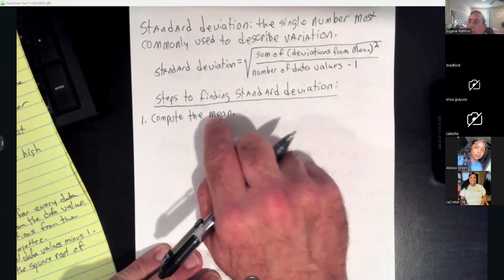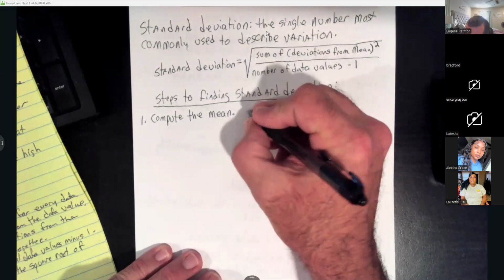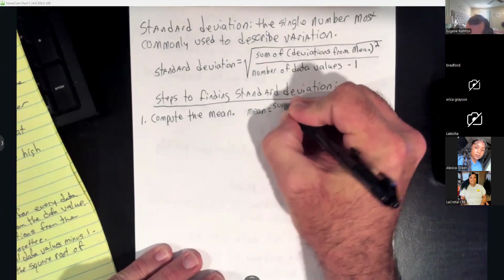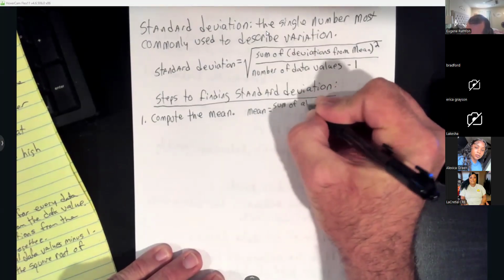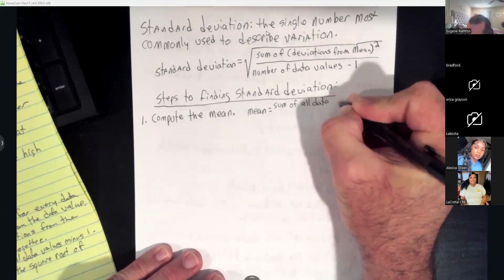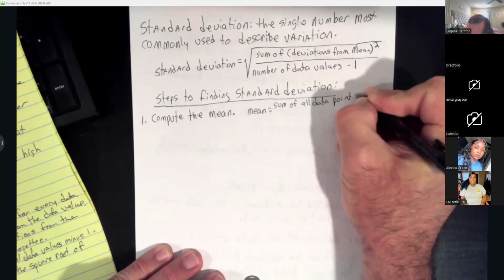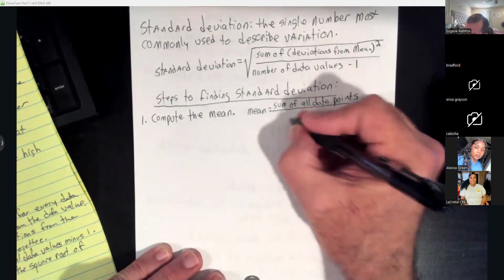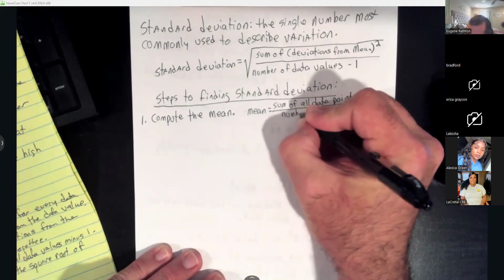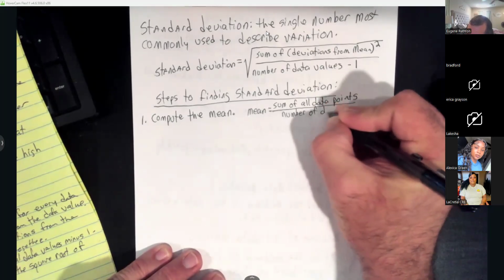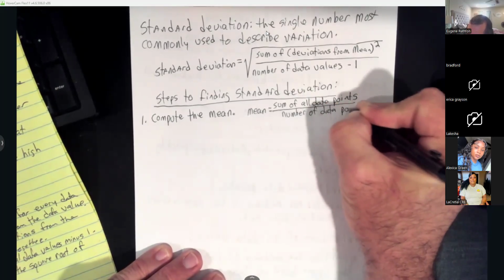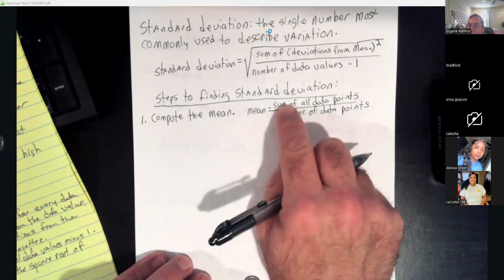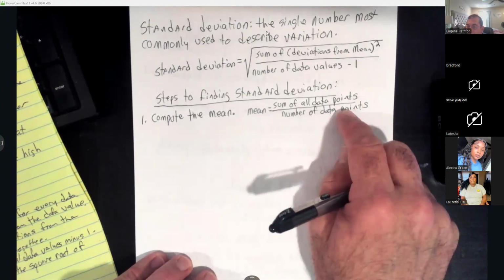But remember, the mean is the sum of all data points divided by the number of data points. All right, so that's how we find our average. Add all the data up and then divide by how many we had.